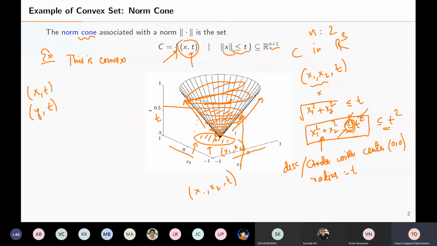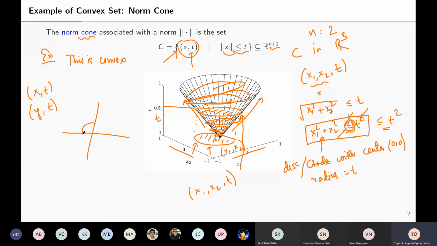Another doubt, sir. How is this related to the norm set we saw earlier, where we had those diamonds and circles in 2D? Yeah, so norm sets, like we discussed various types of norms, right?